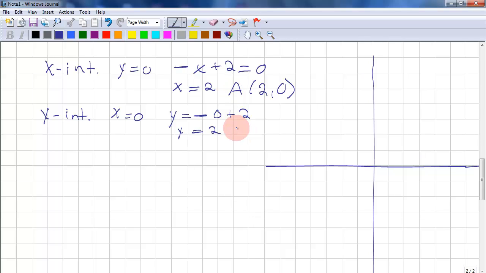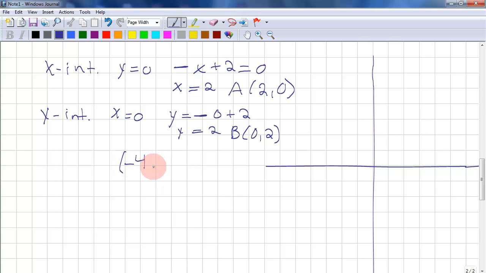So then we can say our point B, when we substituted with 0 to find the y-intercept, was 0, 2.